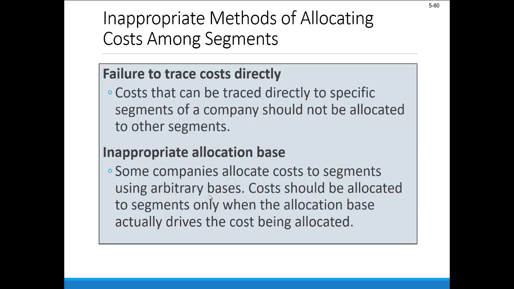And again, that's one thing I just add an asterisk to as I'm chatting about it to you. In practice, this happens an awful lot. Cost allocations are very contentious at times because of things like this. A lot of segments get costs dumped on them that don't really appear to have a direct correlation to what they're doing, and that's a management issue.